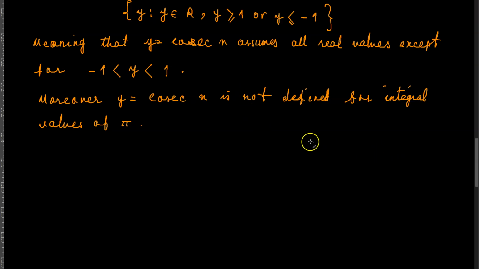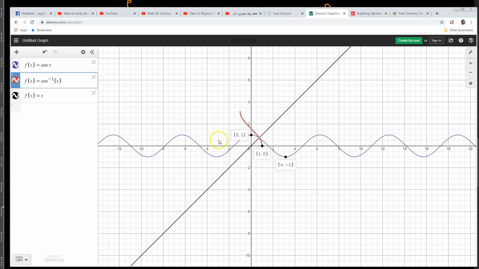Now we saw that the cosecant function looks something like this.